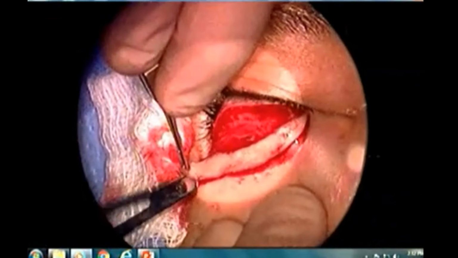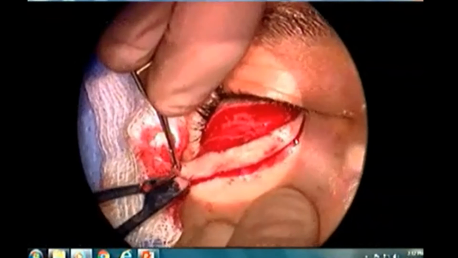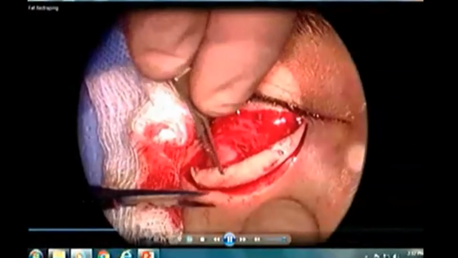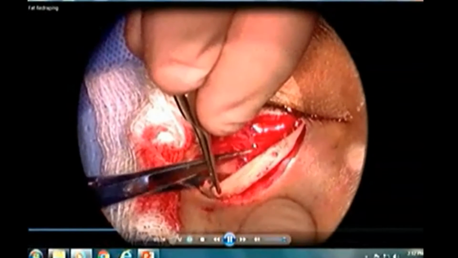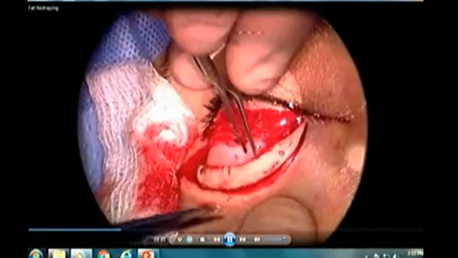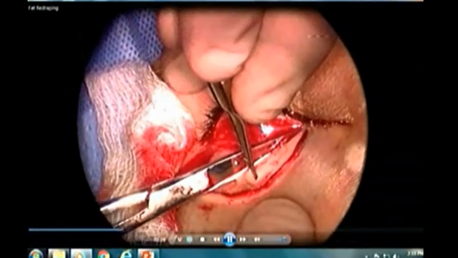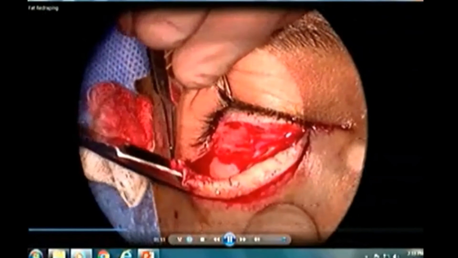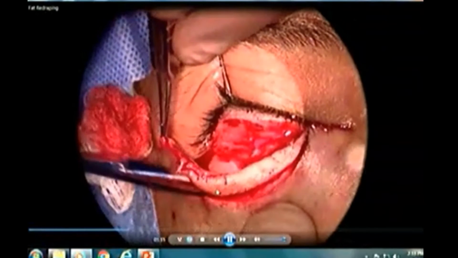Then after that, I dissect between the orbital septum and the orbicularis. Then I keep the orbicularis here in this area because I think it's preventing ectropion. This is the orbital septum here. Now I excise the skin and some of the orbicularis with it.